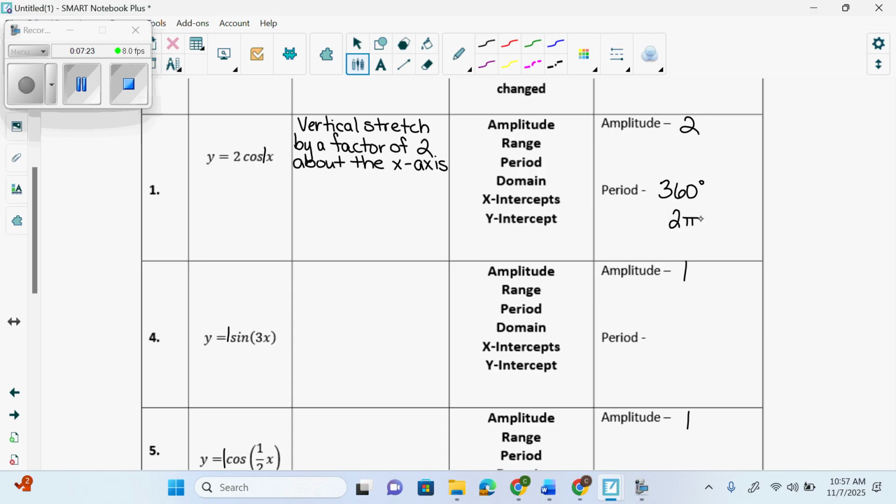Okay, this one, does it have a horizontal stretch? Is there a number between sine and x? Yeah, it's a 3. So we have a horizontal stretch by a factor of what? 1/3, because we're going from equation to words, and x is be crazy, about the y-axis.